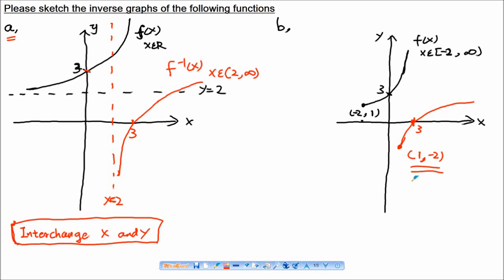This is my inverse graph, and the domain of my inverse graph is the range of the original graph, which is from 1 to positive infinity. We use a square bracket because this point is included.